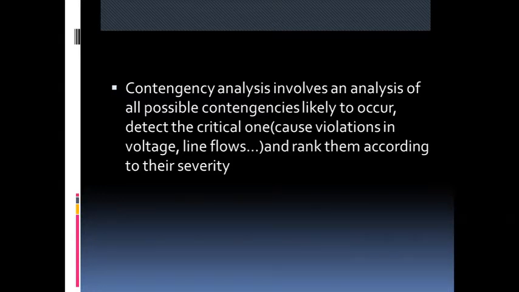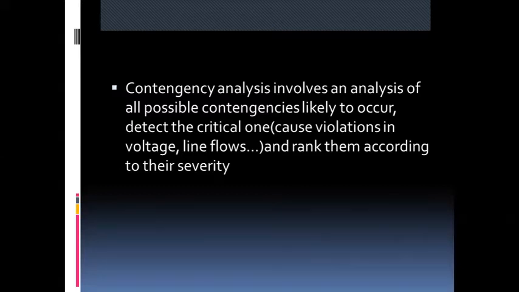For this, we use a simulation package, like you have used PowerWorld for load flow in the earlier semester. Here also we will use a simulation package to do the contingency analysis. When you simulate the outage of a transmission line or outage of a generator, all these parameters will be estimated.